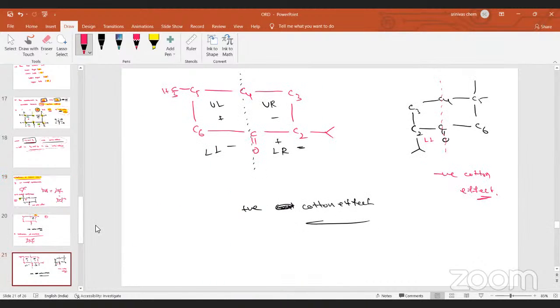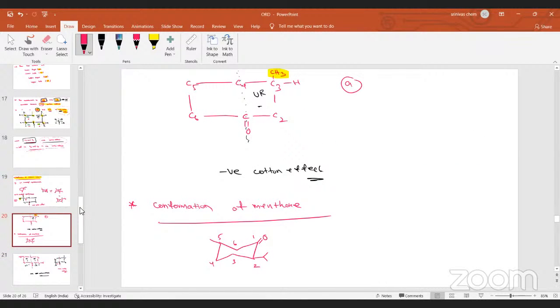In case of the methyl in the axial position, it is upper right, so it shows a negative Cotton effect.